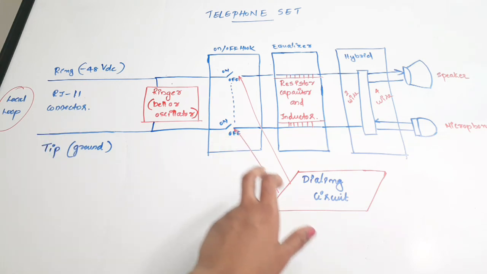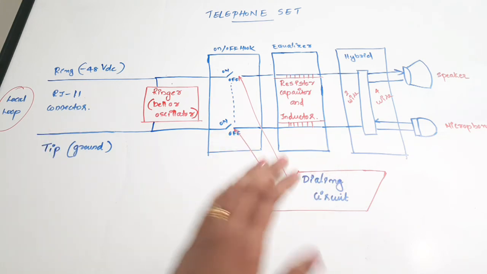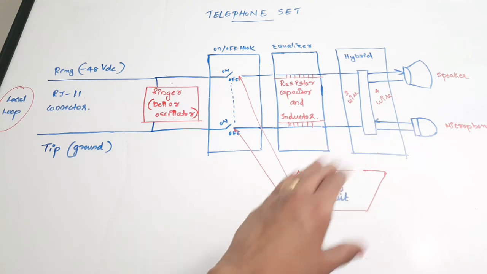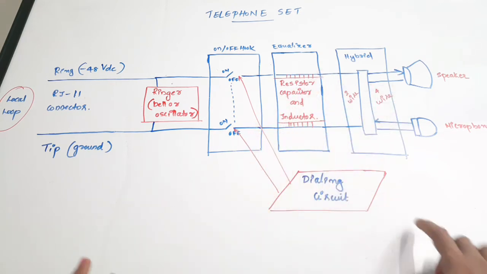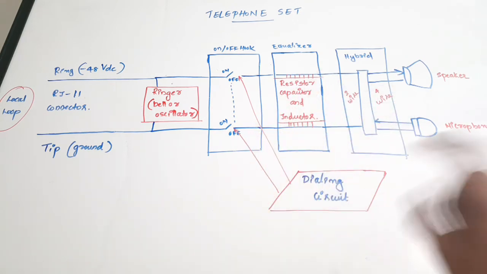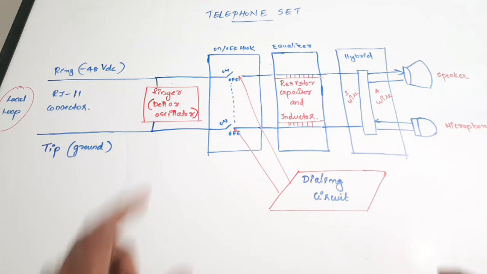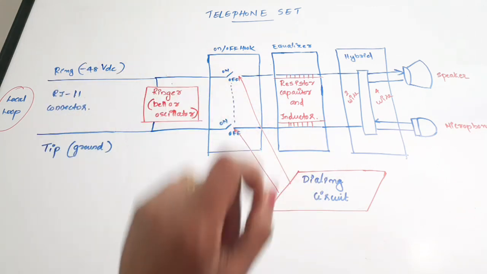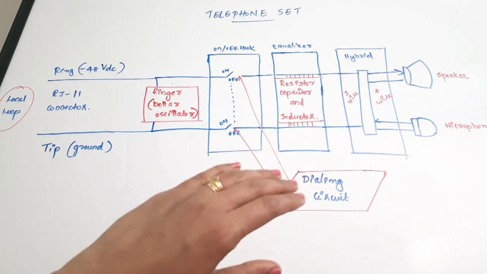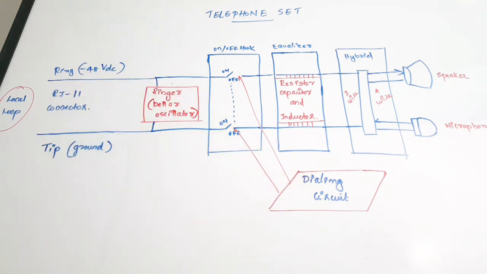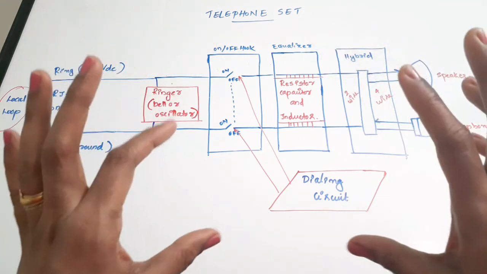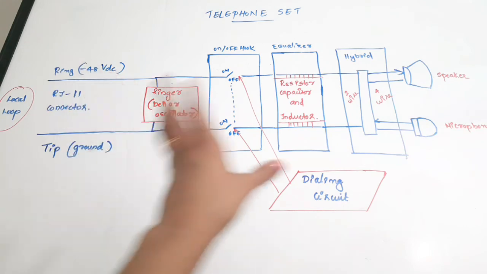The output signals of this dialing circuit represent digits. When we want to dial a particular telephone number, we dial those numbers, and the corresponding signals will be sent. Hence we are able to send a call. So these are the blocks present in a telephone set, and the basic functions of a telephone set are achieved with the help of these blocks.